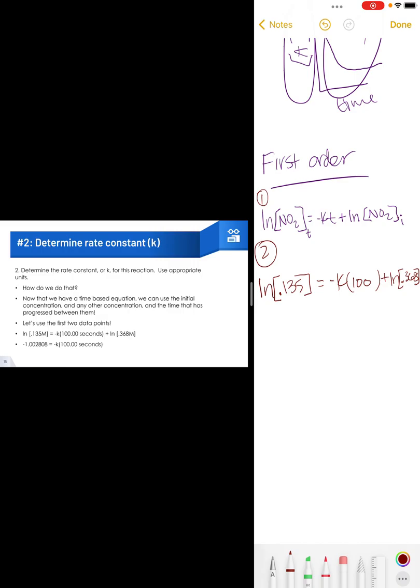Give me 1 second. I'm going to do that for the natural log of 0.135. I'm also going to do that for the natural log of 0.368. So these, I feel like it's really important to do it one step at a time. Don't get too far ahead of yourself in the calculator.